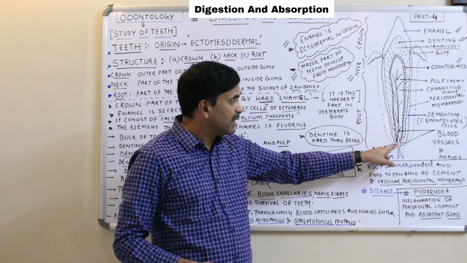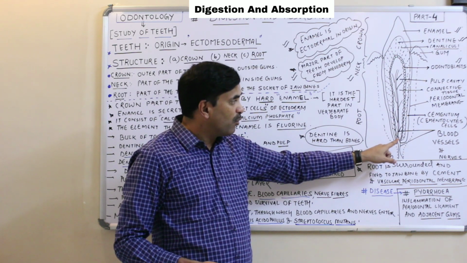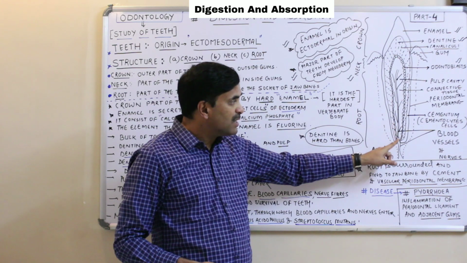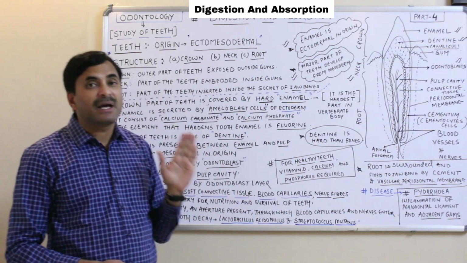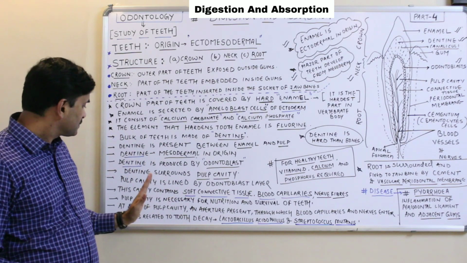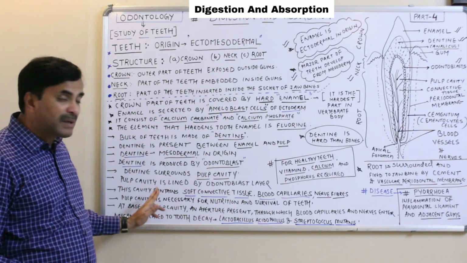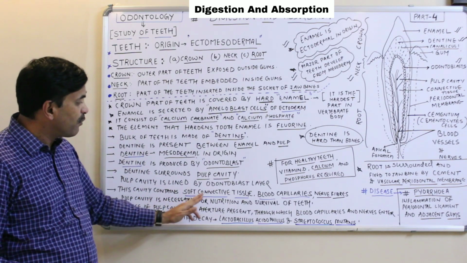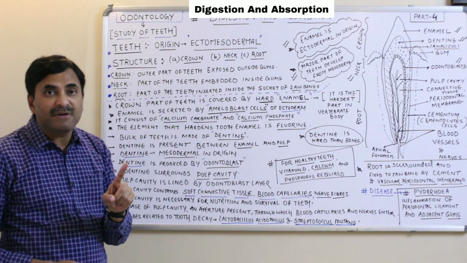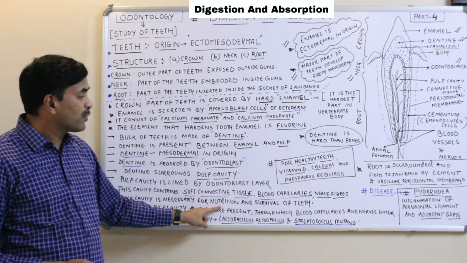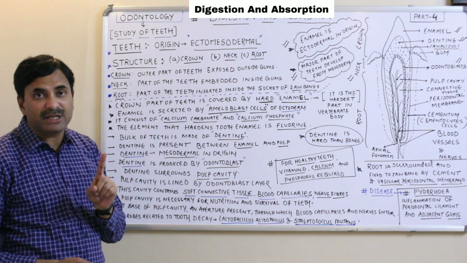This apical foramen is meant for the entry of blood vessels, capillaries and nerves in the pulp cavity. And this pulp cavity is necessary for the nutrition and the survival of the teeth.